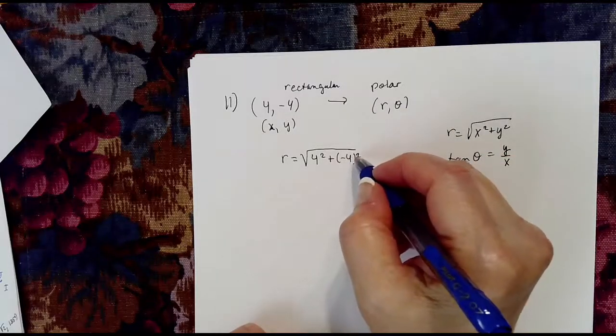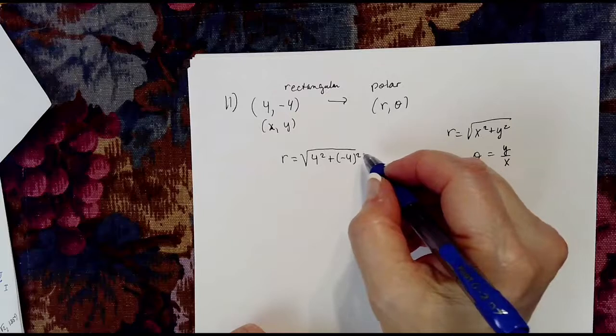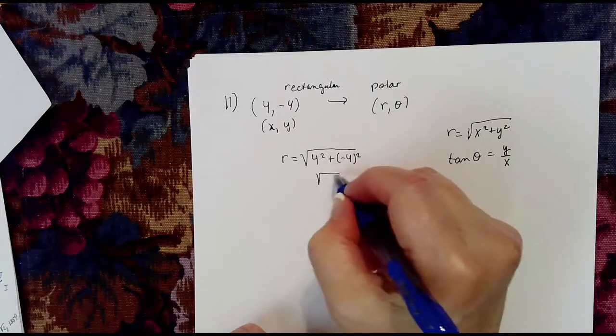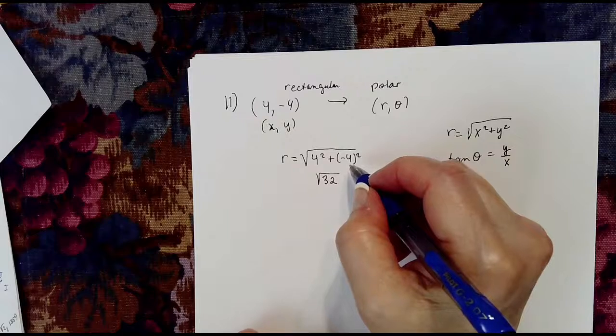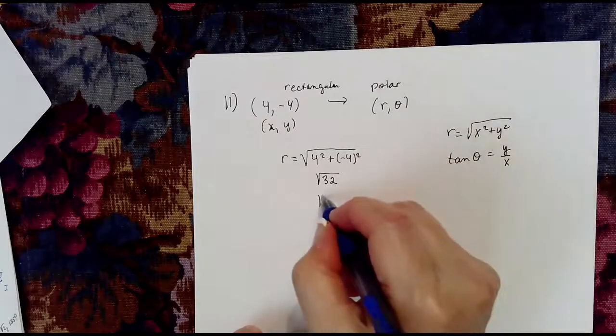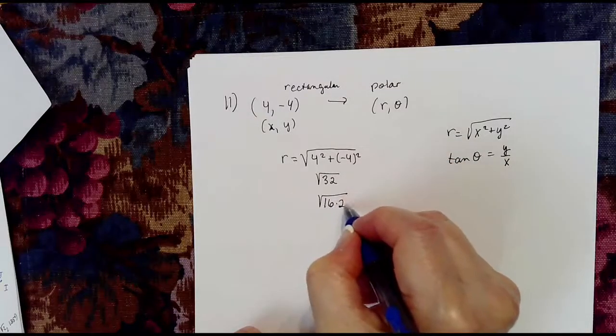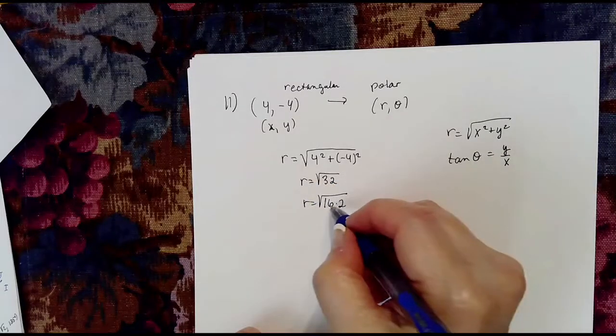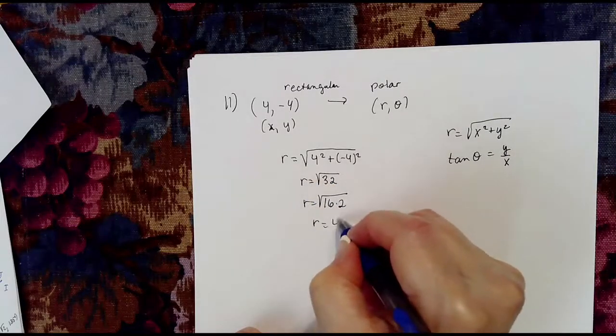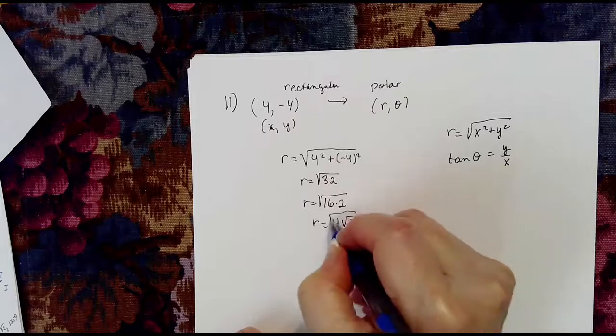Negative 4 squared, negative times negative is positive 16 too. So we get the square root of 32. But the square root of 32 can be rewritten as the square root of 16 times 2. The square root of 16 comes out as a 4. So we have 4 square roots of 2, and that's going to be our r.